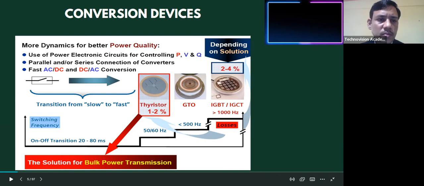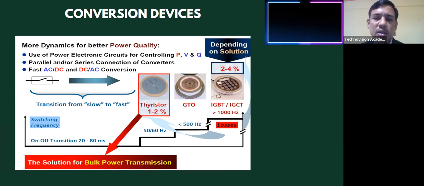Later on, GTO, gate turn off thyristors, were developed and also used for HVDC projects having operating frequency less than 500 hertz.